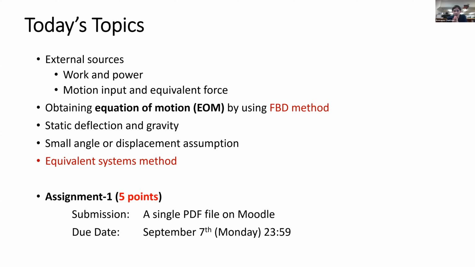From last week, we learned how to find the equivalent stiffness, equivalent mass, and equivalent damping coefficient in complicated systems. And this week, we first begin with the free body diagram method to obtain the equation of motion.